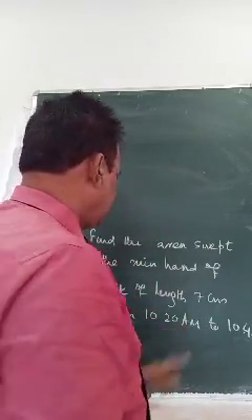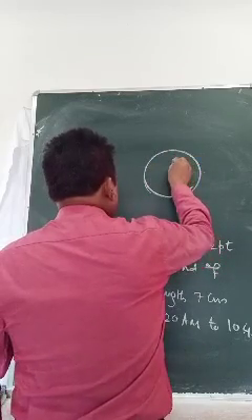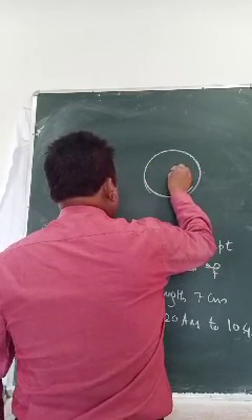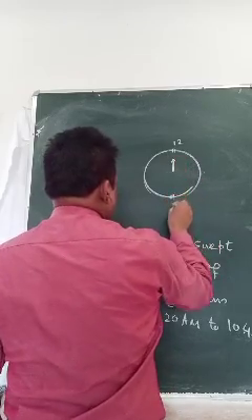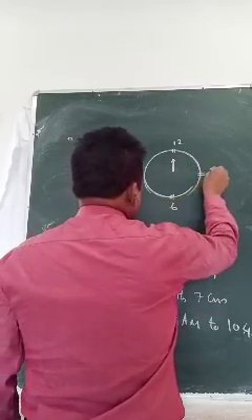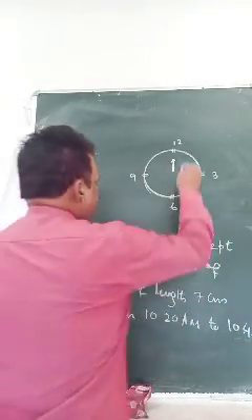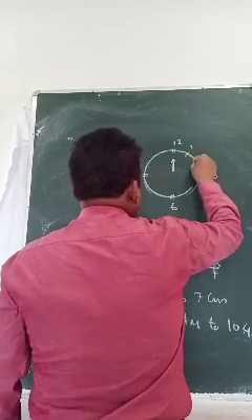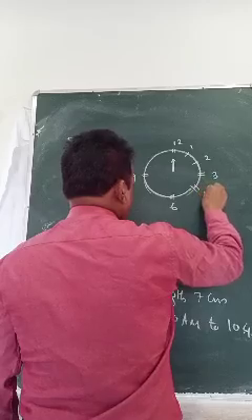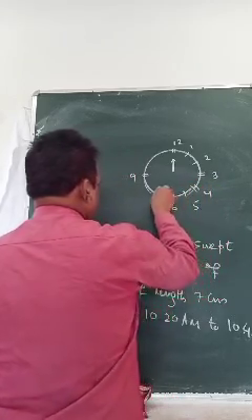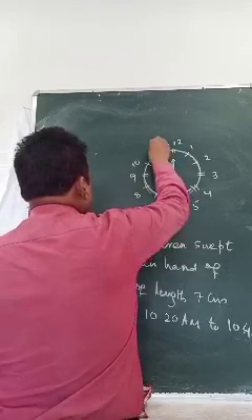First you see what is 10:20. If this is 12, this is 6, this is 3, this is 9. Then you can divide 1, 2, 4, 5, 7, 8, 10, 11.